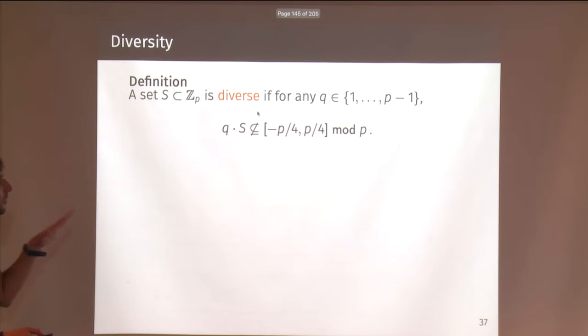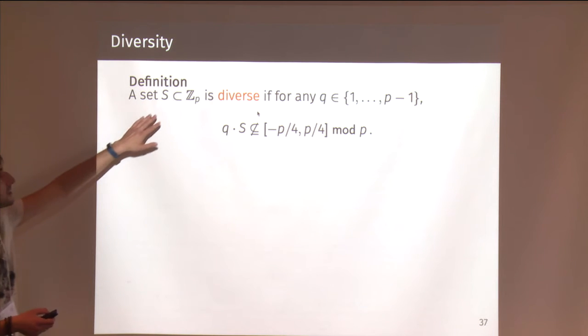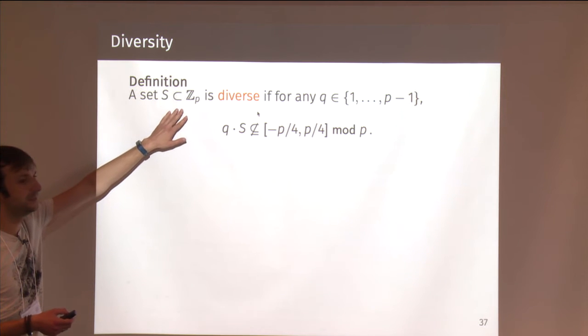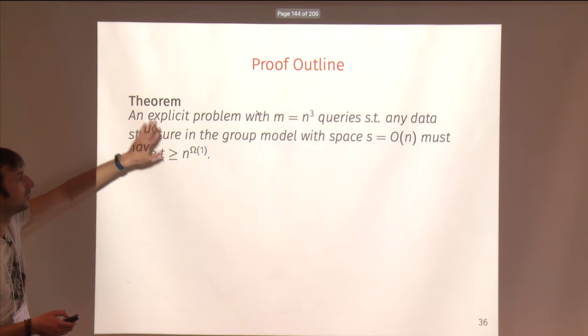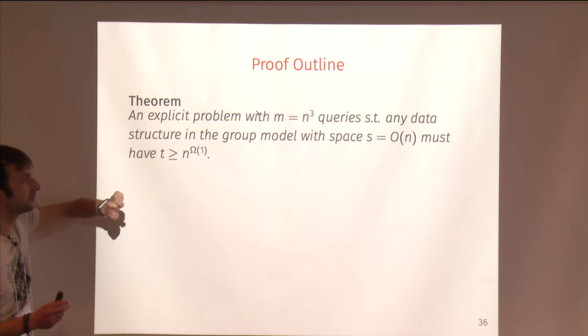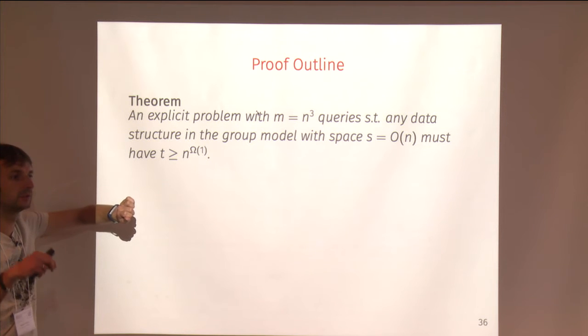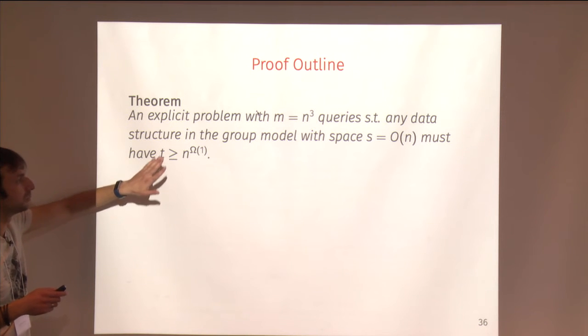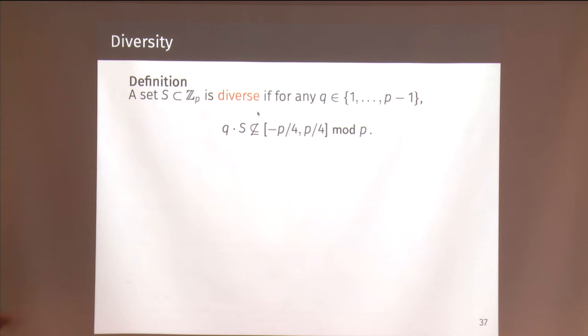Here is our property. For a set of elements of, say, group Z_P, our lower bound will hold even in a very simple group Z_P for a very large prime P, which will be like 2 to the n log n. So we'll be working only with Z_P, which is a nice abelian group.